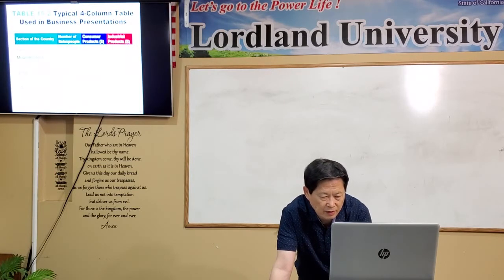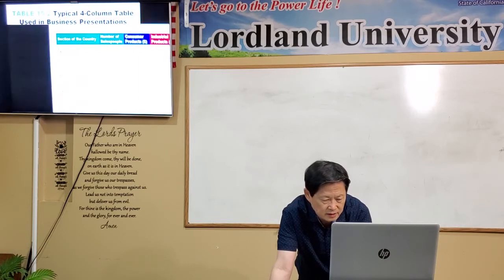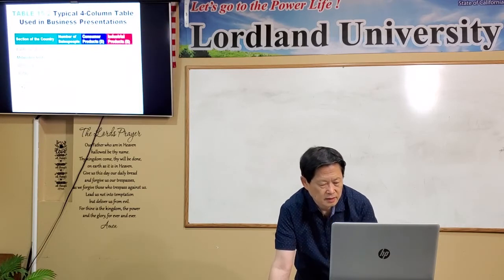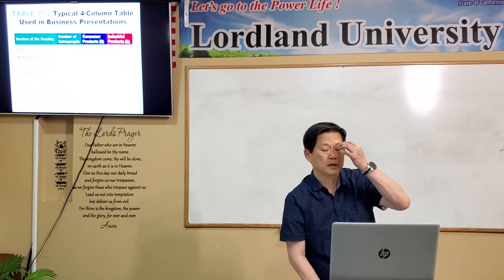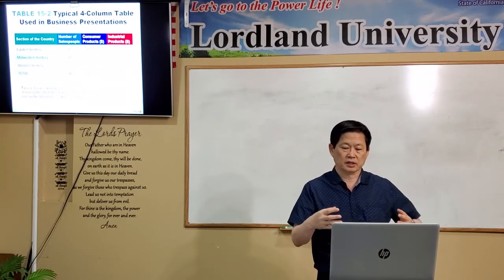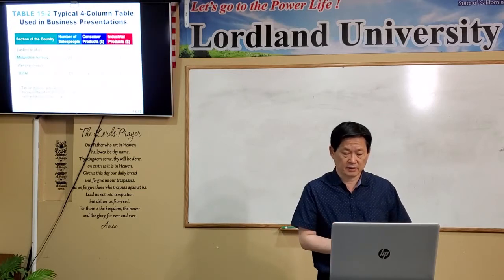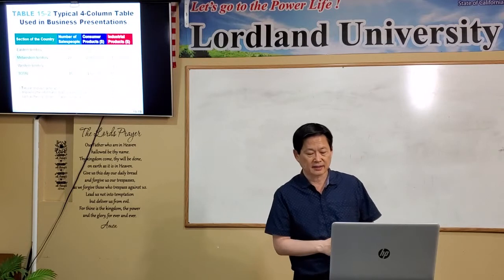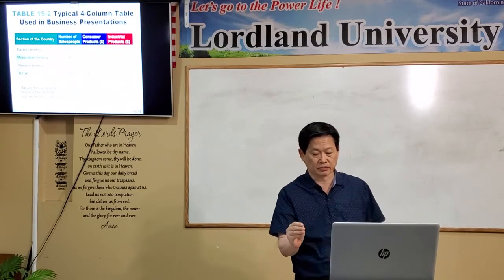The fourth column represents industrial products. Generally, these tabular displays have less impact than the visual types of displays.